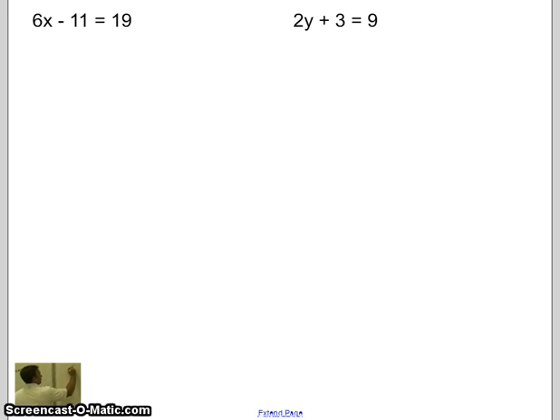Okay, let's do a couple more. 6x minus 11 equals 19. Well, again, we're going to distribute first if possible. There's no distributive property here. So that's done. There's no like terms on either side. 6x and 11 aren't alike. No inverses, addition and multiplication. Addition or subtraction.